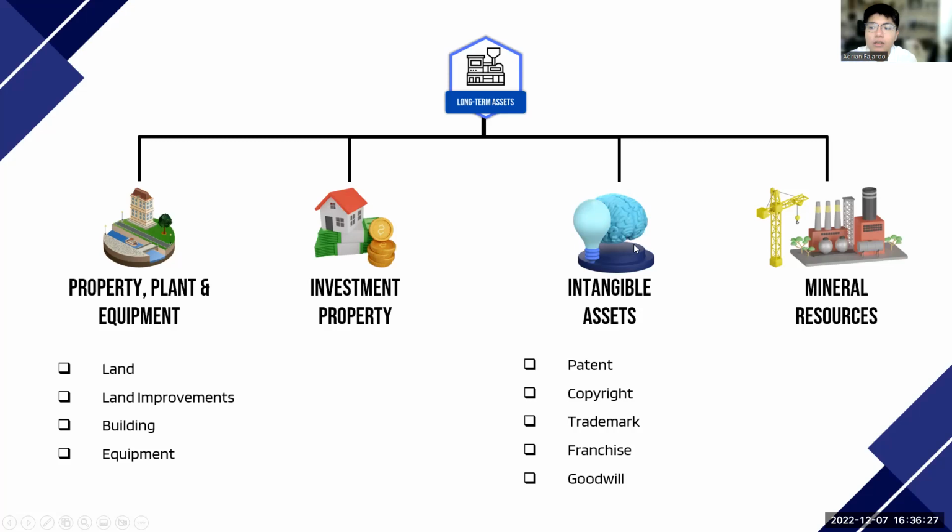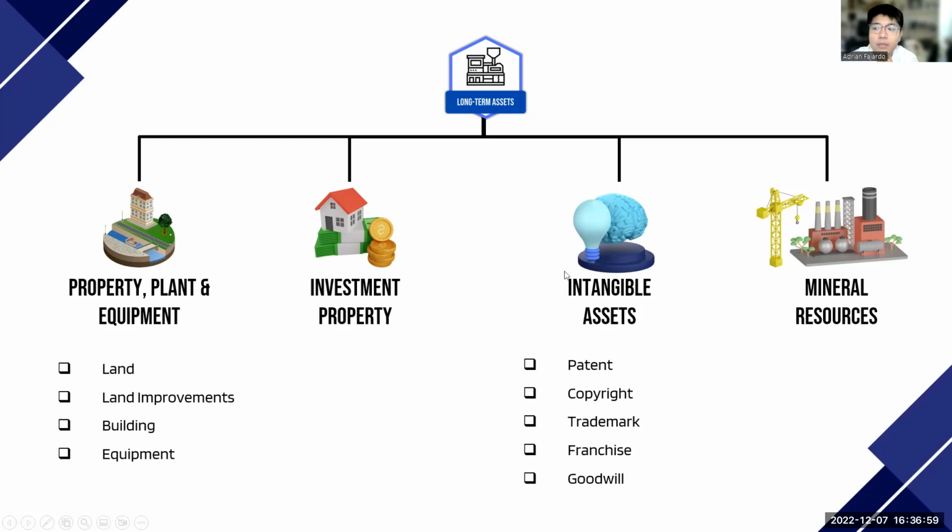Next week, we're going to be mastering intangible assets and mineral resources. However, when it comes to long-term assets, particularly property, plant, equipment, and mineral resources, their accounting is fairly similar. So what's crucial for this PPE portion is that we master today's lecture and also the exercises for this week.